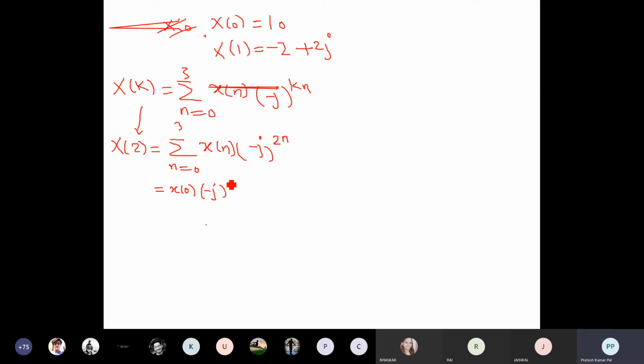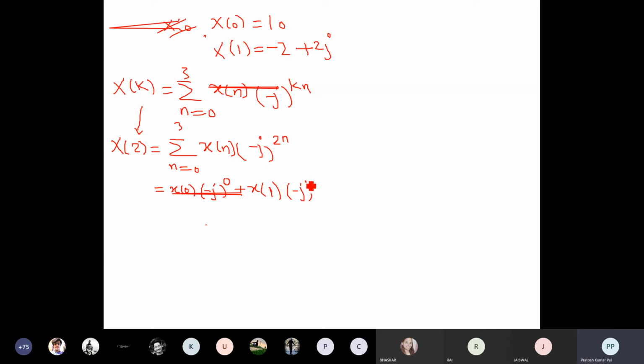So it will be j to the power 2 into 0, which is 0, plus x of 1 multiplied by minus j to the power 2n.